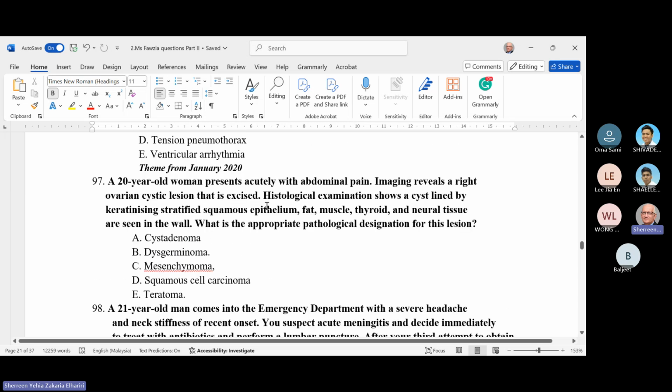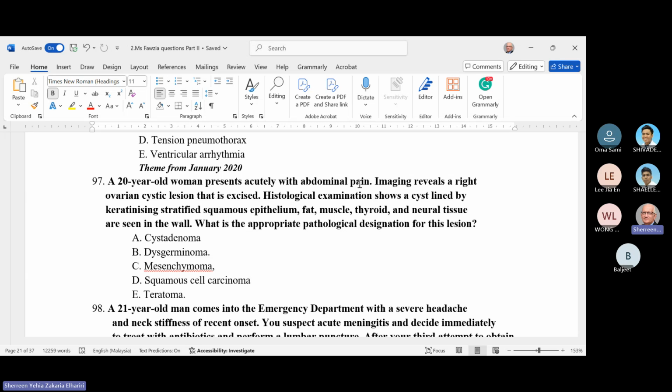Next question. Okay, a 20 years old woman presented with acute abdominal pain, and imaging revealed a right ovarian cyst. Excision histological examination shows a cyst lined by keratinized squamous epithelium, fat, muscle, thyroid, and neural tissue.